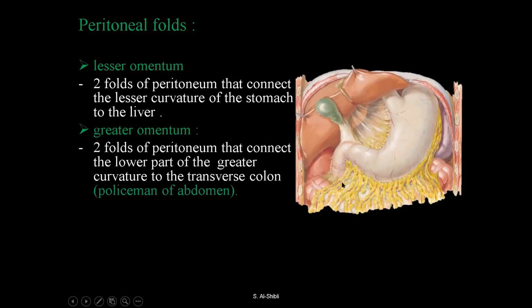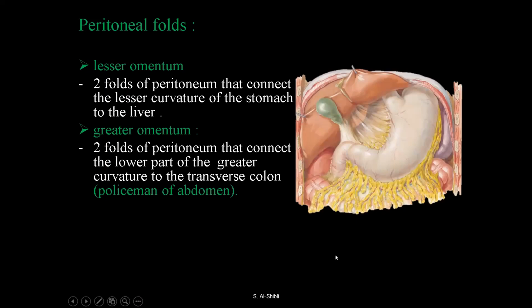The surgeons call it the policeman of the abdomen. Why? Simply because it acts as a defensive mechanism. Whenever you have infection, this greater omentum tries to go to the side, like in appendicitis. When you open a lot of laparotomies, you might find that the greater omentum acts as a policeman, trying to localize and minimize the spread of infection.